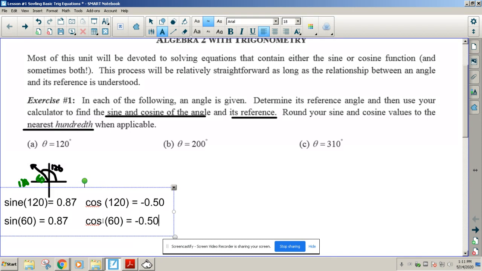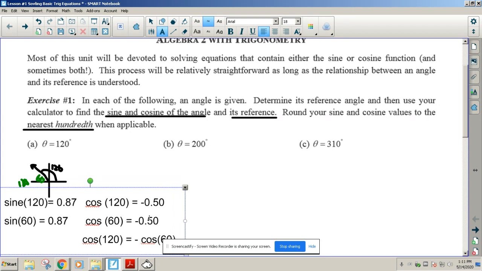Okay. Now, the reason why this 60, even on the calculator, would be positive, remember, 60 degrees would have been in quadrant 1. But this is a reference angle now. This reference angle, and I'm going to actually write right below it, this reference angle is 60. This is what we did in chapter 9. We said, okay, cosine of 120 degrees is equal to negative cosine of 60 degrees.